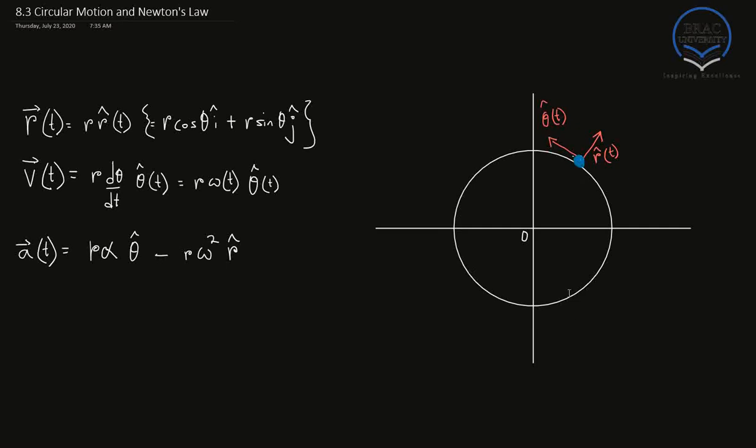And that force is given by F equal to ma. So we have m r alpha theta hat minus m r omega square r hat.